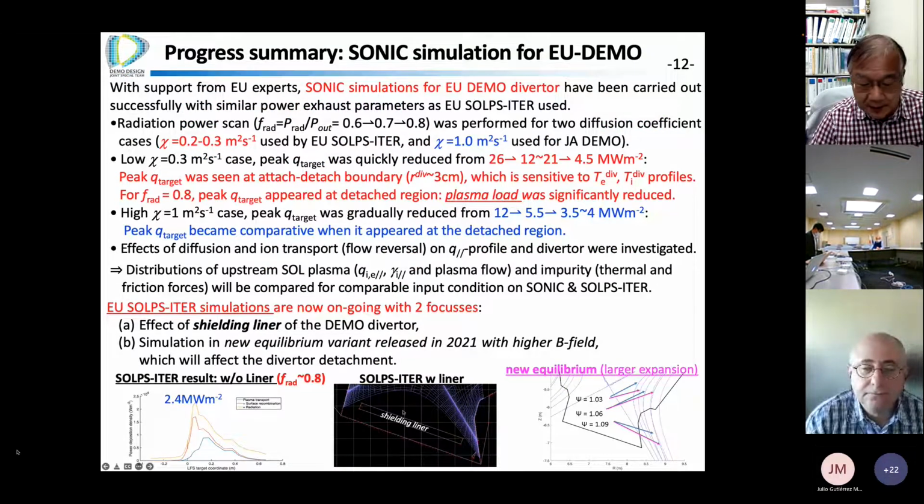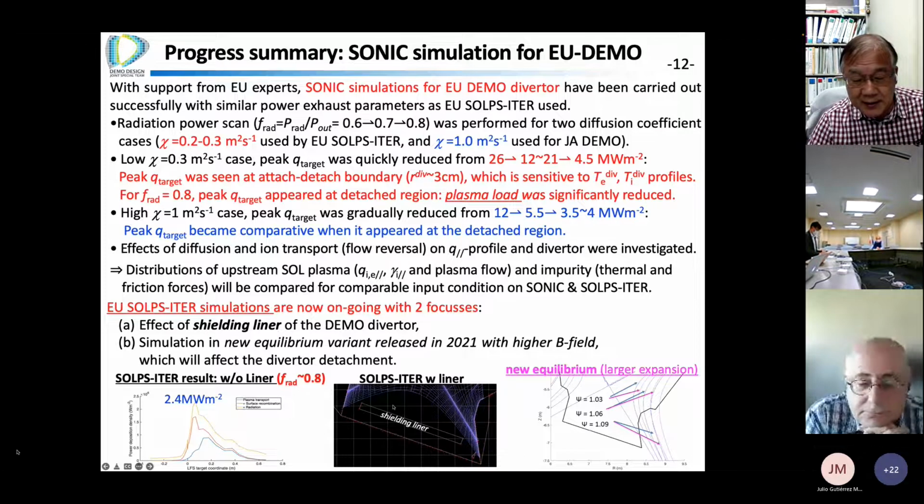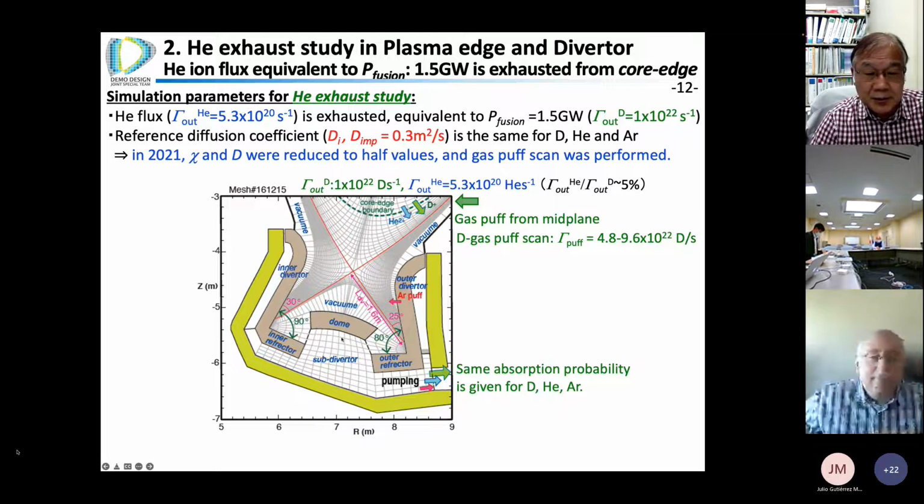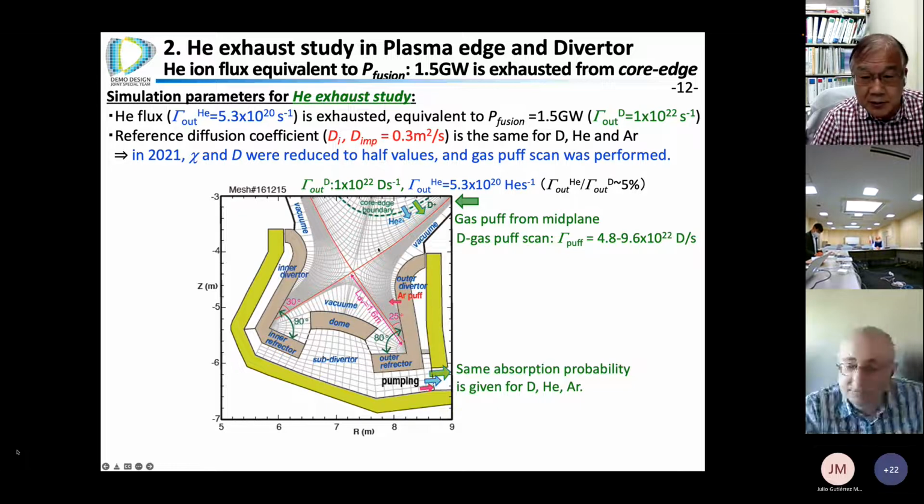This is related to Kukushkin's previous ITER work, where he suggested a dome height. The dome is necessary to exhaust helium, as the compression is enhanced in the divertor. So we are interested in how the dome affects particle exhaust and helium exhaust. That is the motivation.